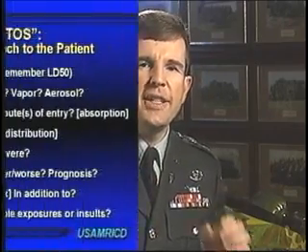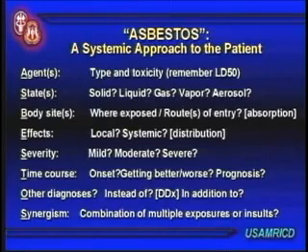But with chemical warfare agents, getting a diagnosis is only the first step of a slightly expanded evaluation or assessment phase. An easy way to systematize this process is to use a mnemonic such as asbestos.